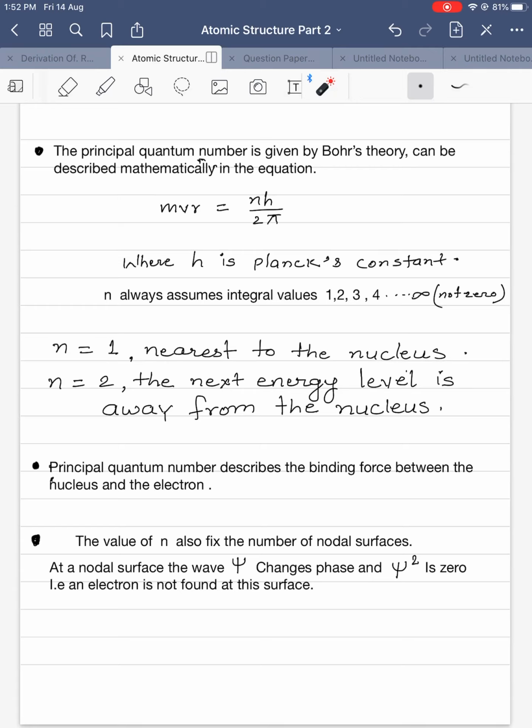Similarly, the electron having the lowest principal quantum number has the lowest energy level and is bound most firmly to the nucleus. And the value of principal quantum number also fixes the number of nodal surfaces. At a nodal surface, the wave function changes phase and the square of the wave function is 0. That means that an electron is not found at this surface.